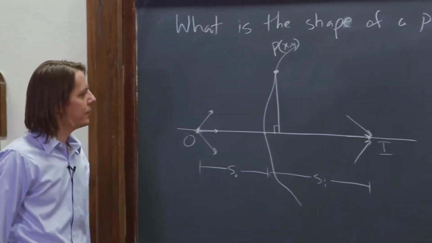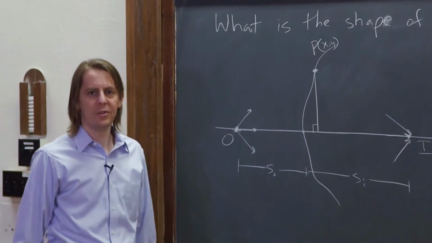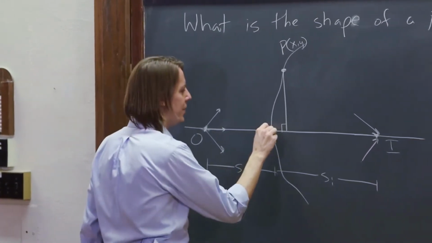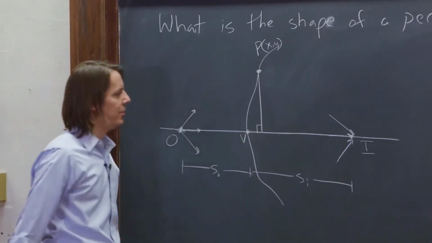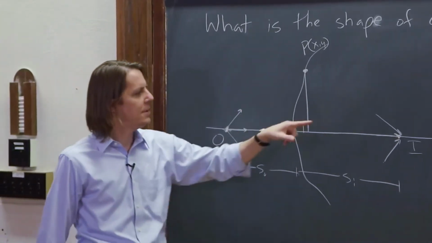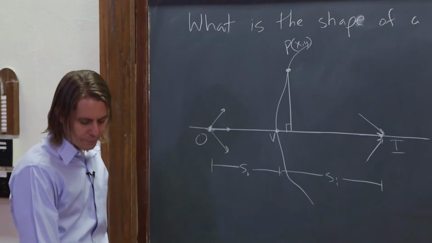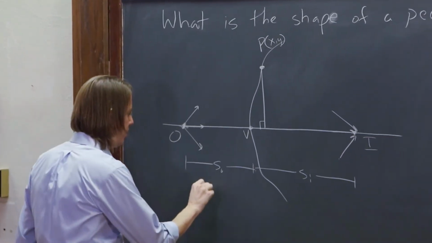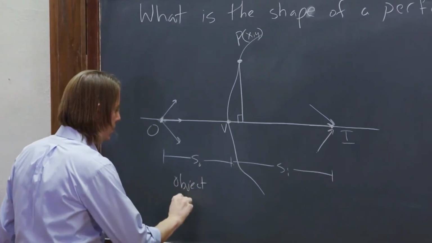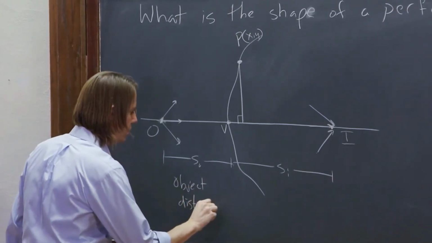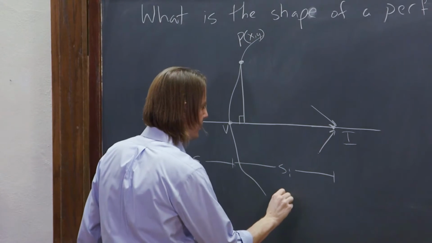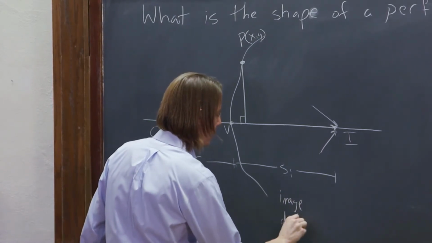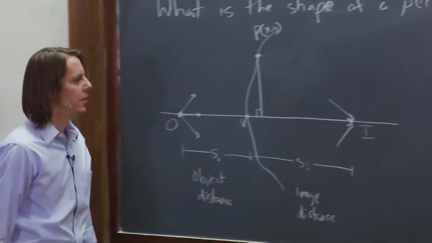So there's a little bit of a difference in those distances. We'll call this vertex V. So we have our O, P, V, and I, four points to think about. I'm going to label that for you, object distance and image distance, because it's labeled in my notes, and I have put some thought into my notes.